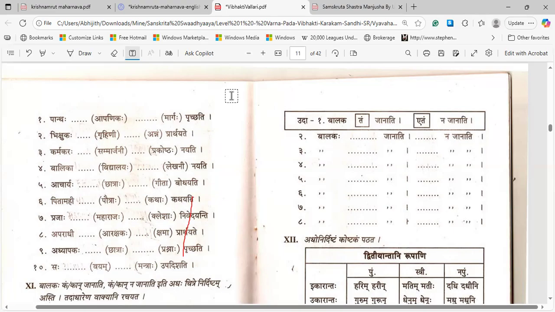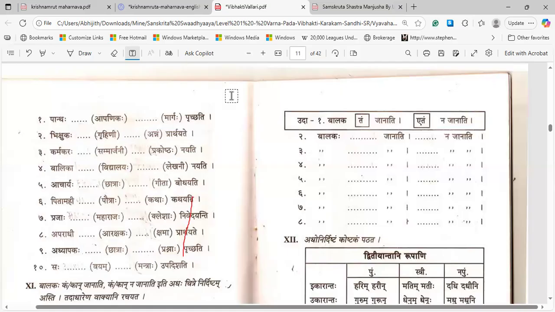अन्तः आपणिकं मार्गं पृच्छति. Yes, next. भिक्षुकः गृहिणीम् अन्नं प्रार्थयति.